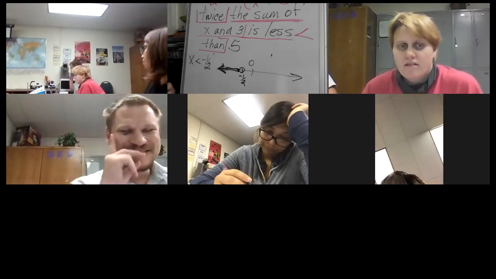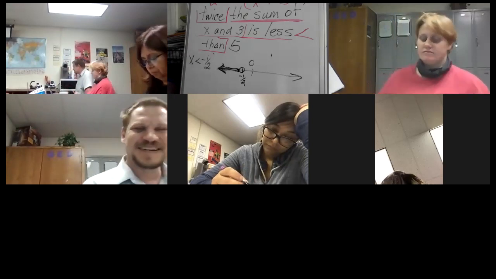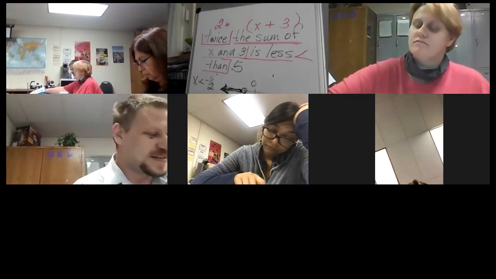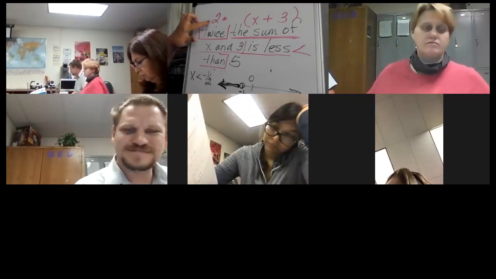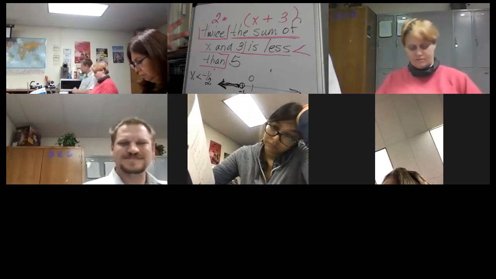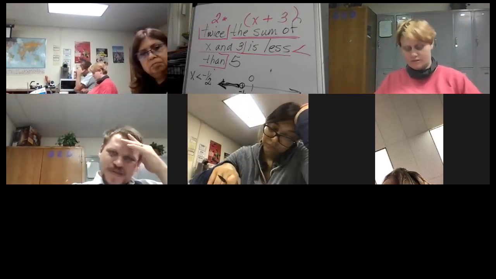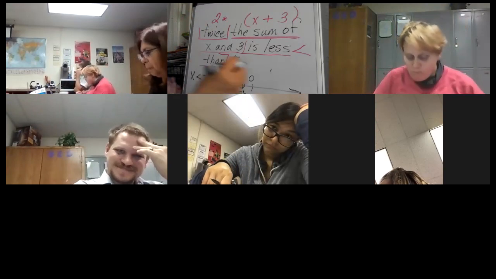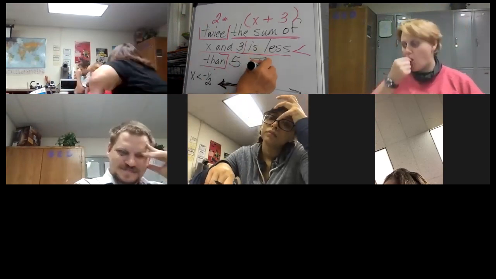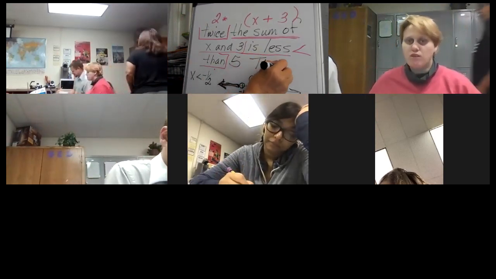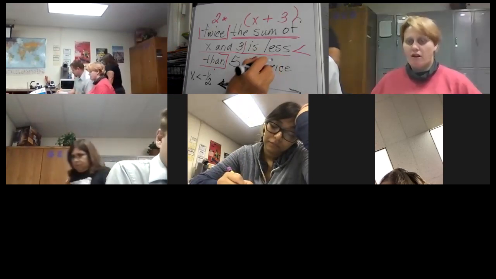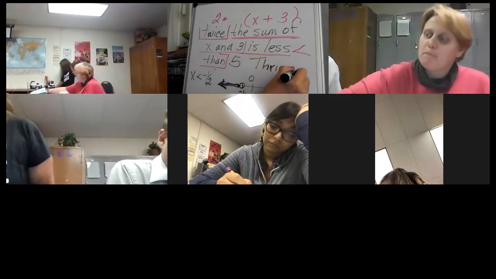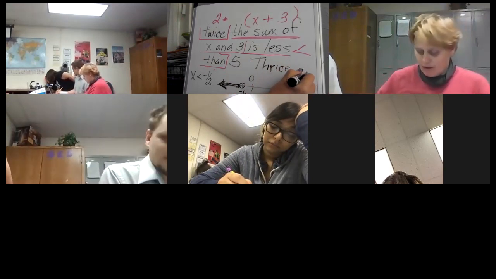Probably the biggest hurdle on this one is first of all, we needed to know what twice was. It's 2 times. Randy, you'll also see a word called thrice. Thrice means 3 times.